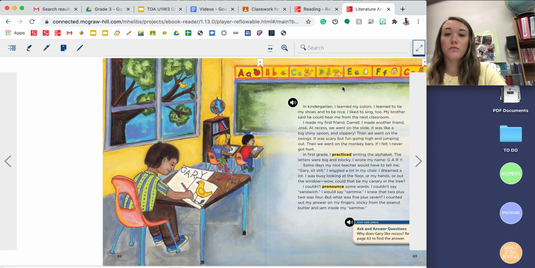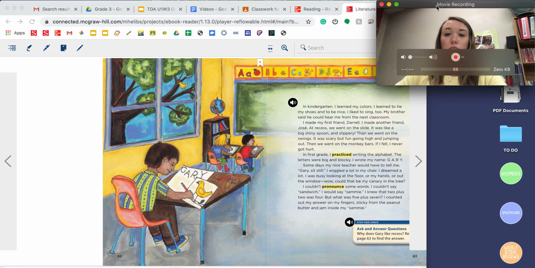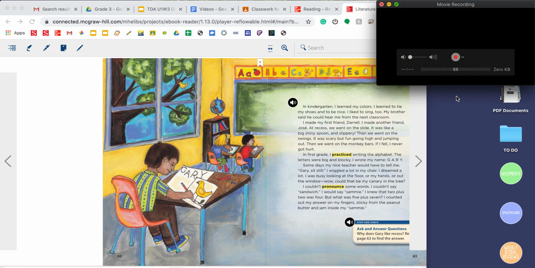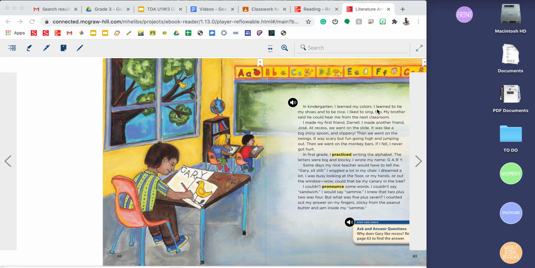We need to be looking again for sequence of events that help develop Gary as he grew older. I am going to use this piece of evidence here where it says, in kindergarten, I learned my colors. I learned to tie my shoes and to be nice.